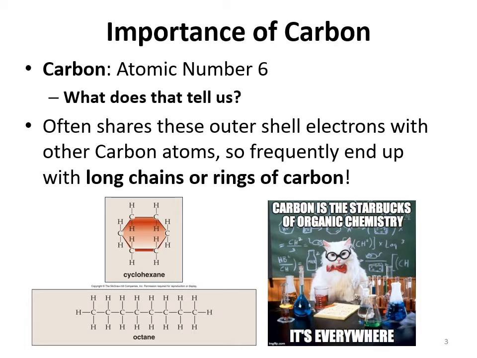Now, with those 6 protons, if it's a neutral atom, it also has 6 electrons. And those 6 electrons, when you think of how we arrange atoms, remember the first innermost orbital will have a maximum of 2 electrons, which then leaves us with 4 valence electrons, meaning 4 outer shell electrons.